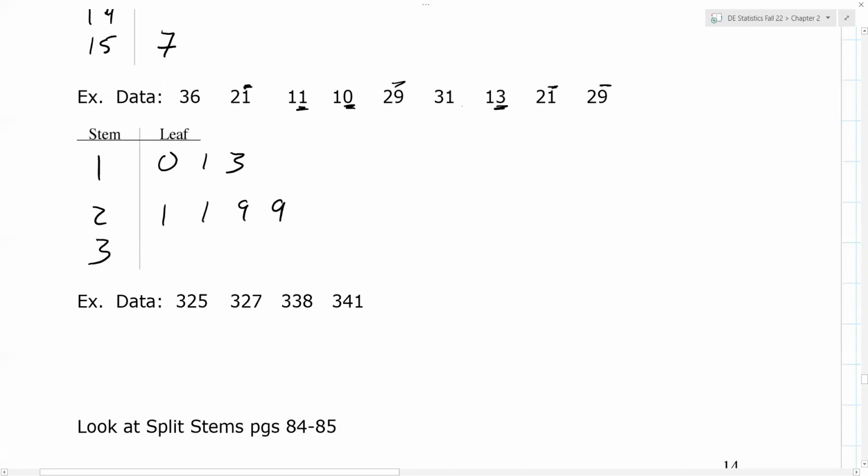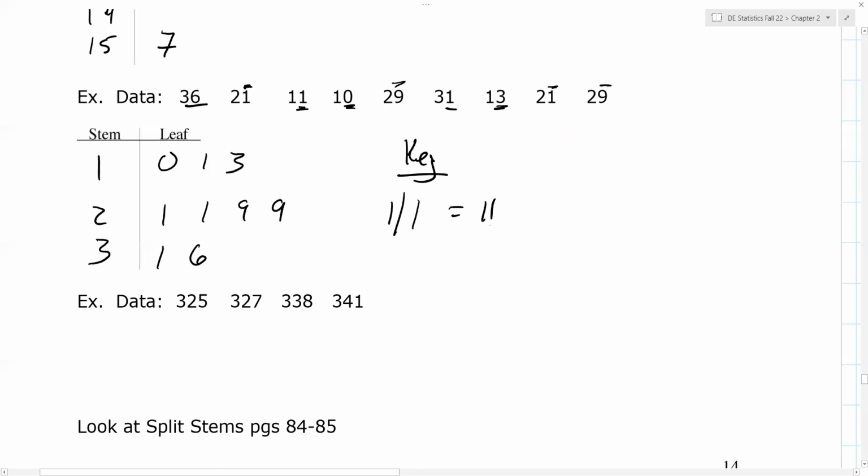And then 1 and 6. And that's my stem and leaf plot. And then a key that tells me, okay, if I have 1 bar 1, that's equal to 11. And you have to include that.